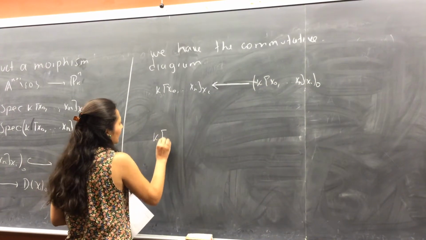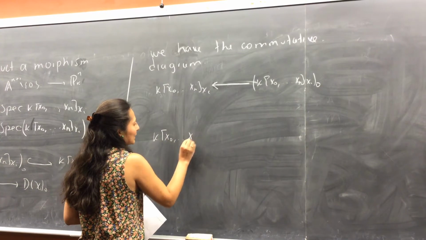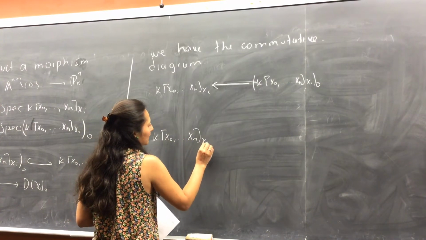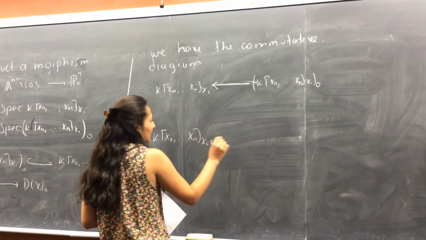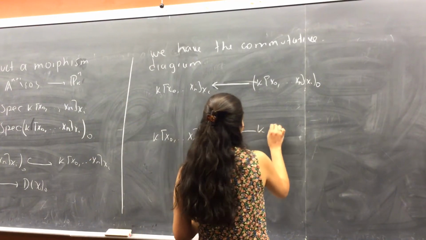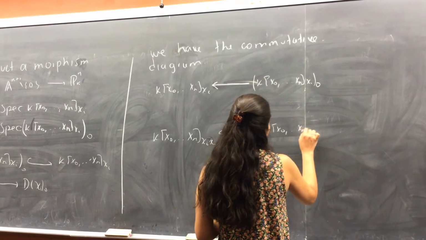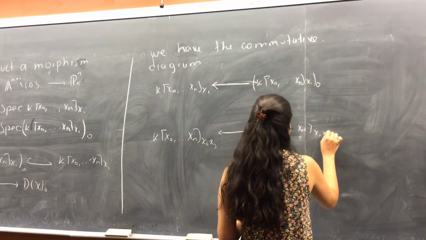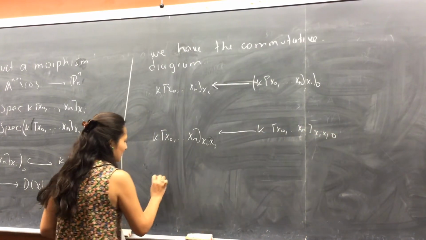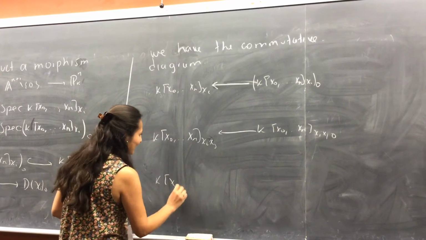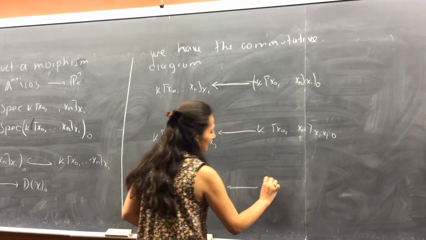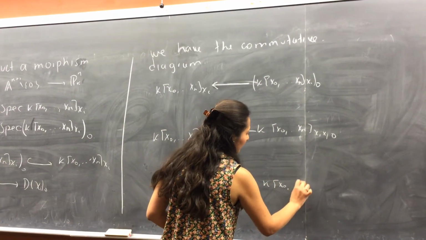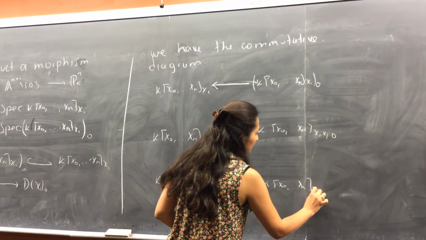We have these objects in the middle that are helping us to construct the gluability part. k[x_0, ..., x_n, 1/(x_i x_j)]_0, and then, oh my God, k[x_0, ..., x_n, 1/x_j], and k[x_0, ..., x_n, 1/x_j]_0.